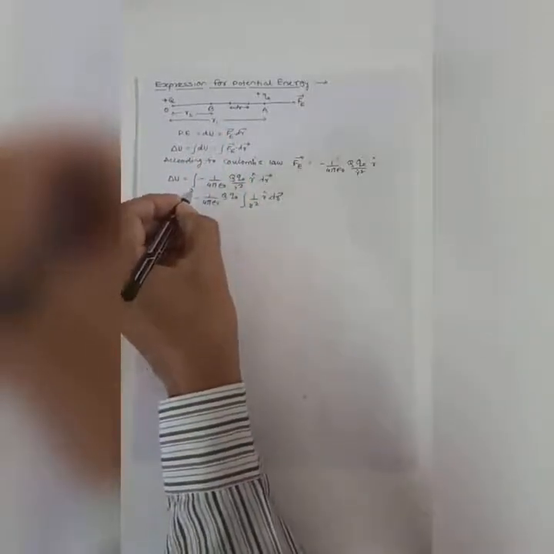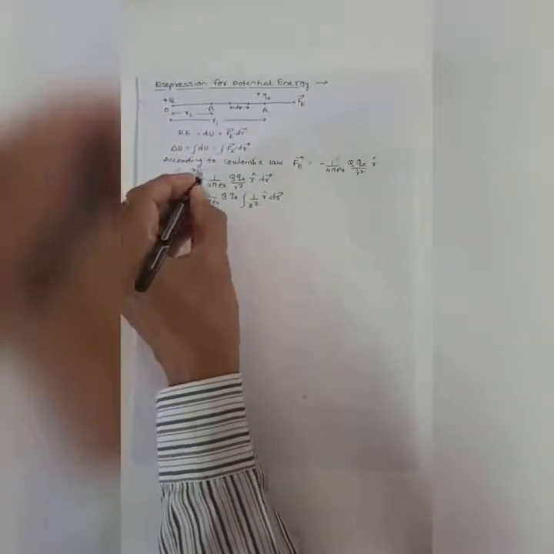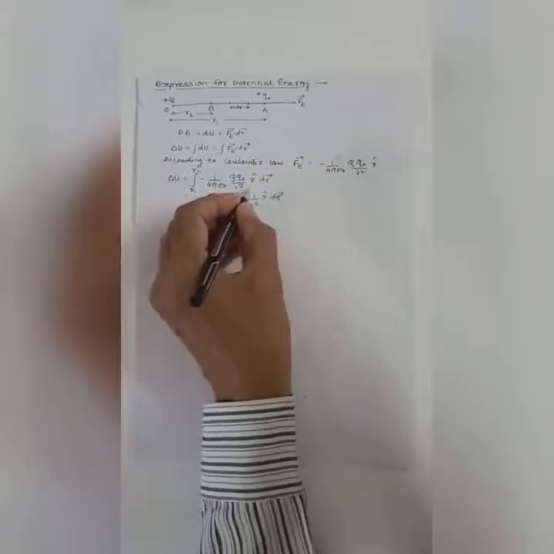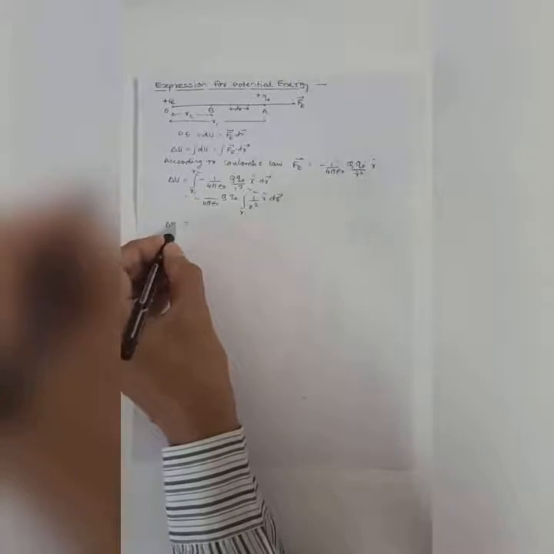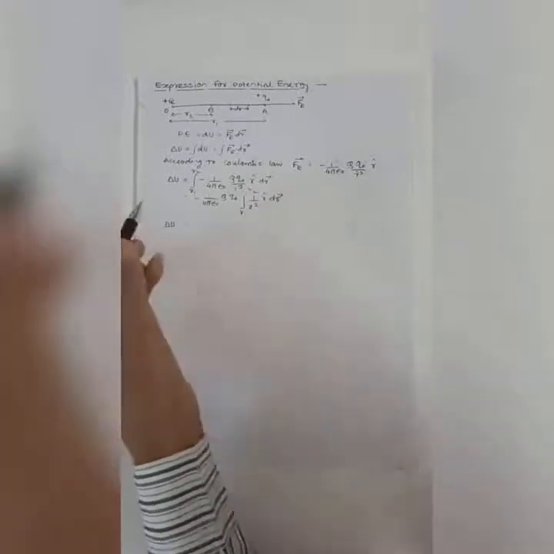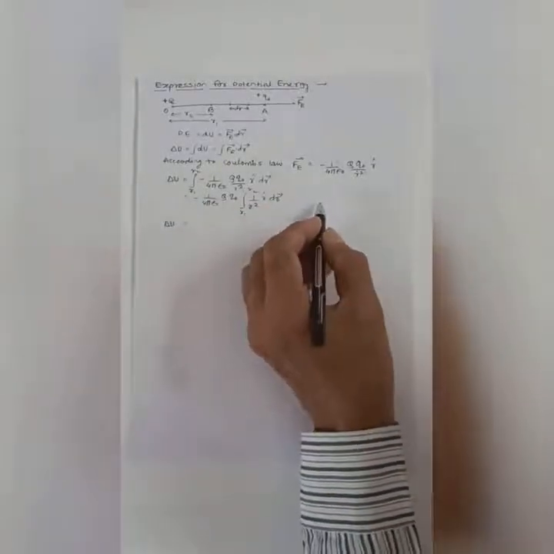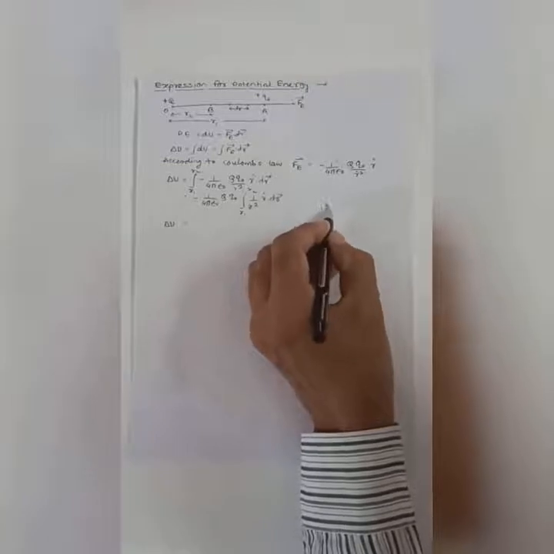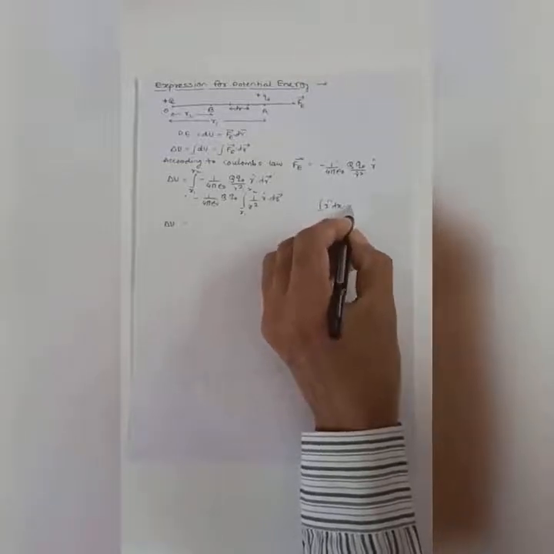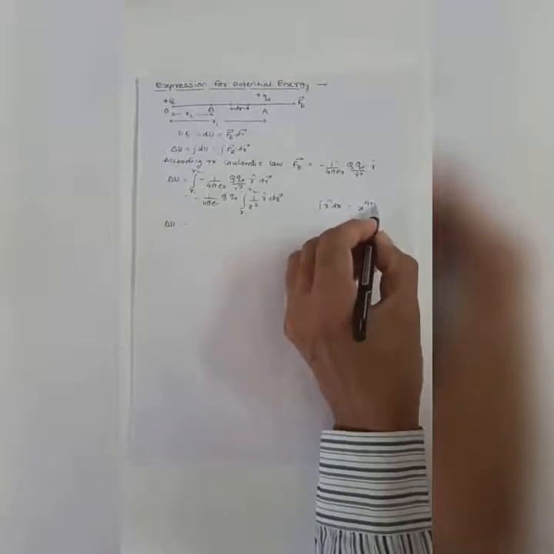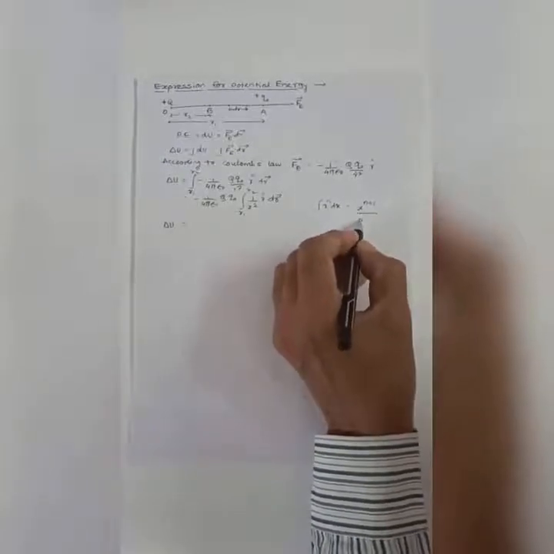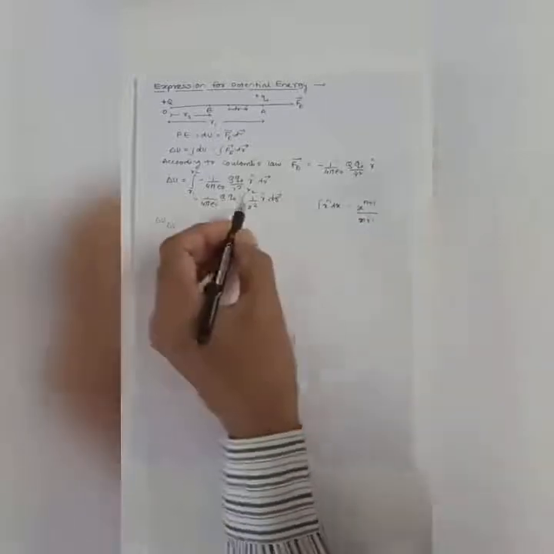So here the limits are R1 to R2. Now we know that integration of x raised to n dx is equal to x raised to n plus 1 upon n plus 1.